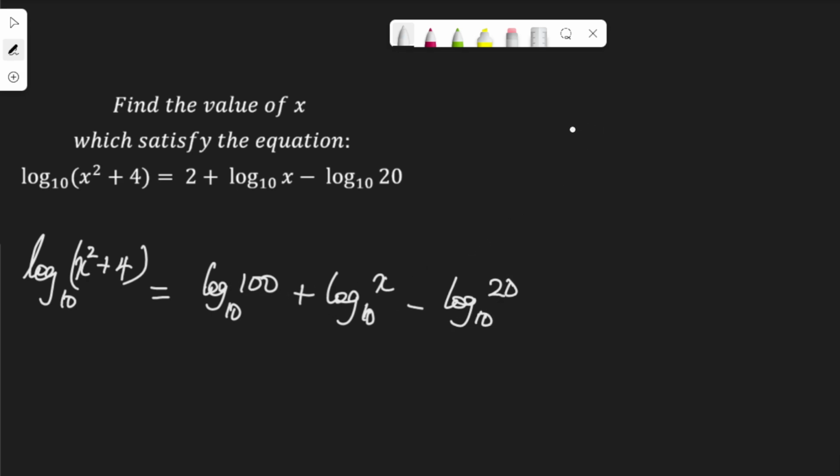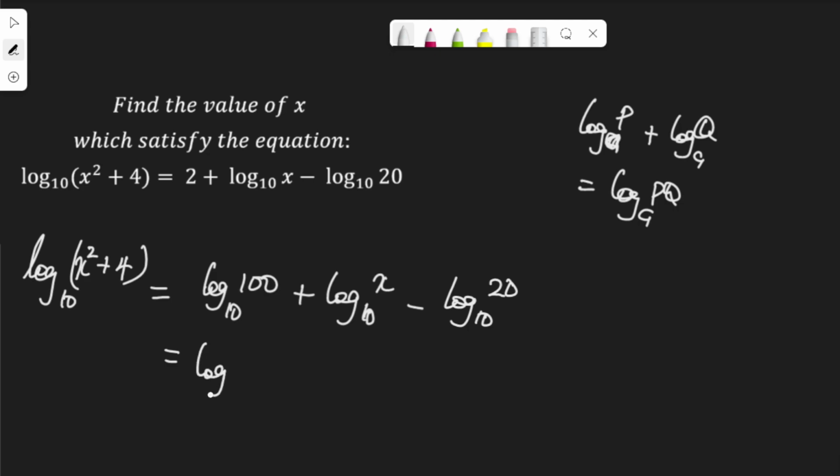Applying the law of logarithm that says log p to base a plus log q to base a is equal to log p times q to base a, if I apply it here, I will have log 100 times x, which is 100x, to base 10, and minus log 20 to base 10.